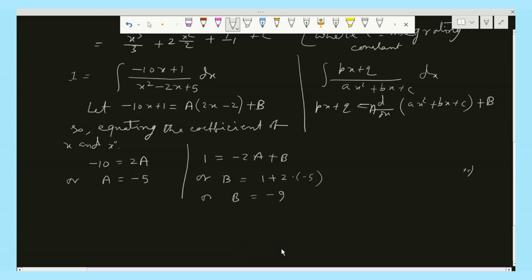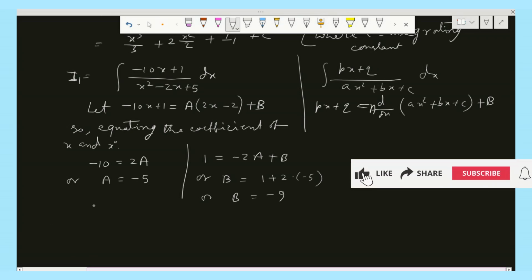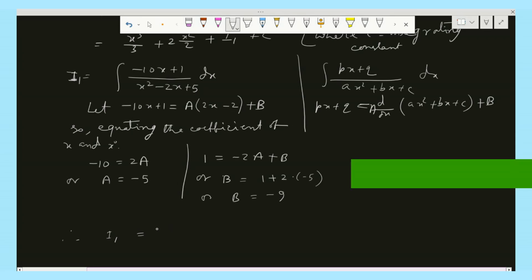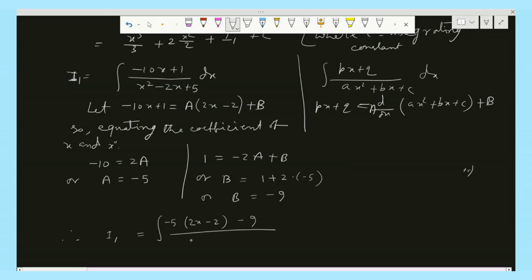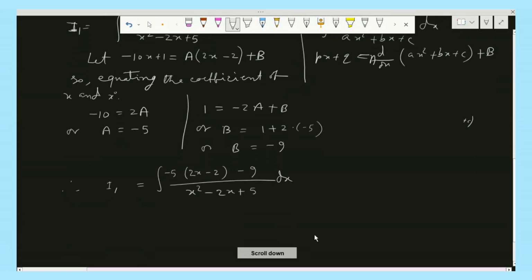Now I1 can be reduced to, after putting the values of a and b, a means minus 5: minus 5 times 2x minus 2, plus b means minus 9, by x square minus 2x plus 5. Now break into two parts.